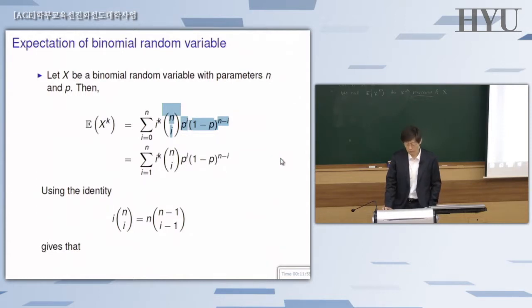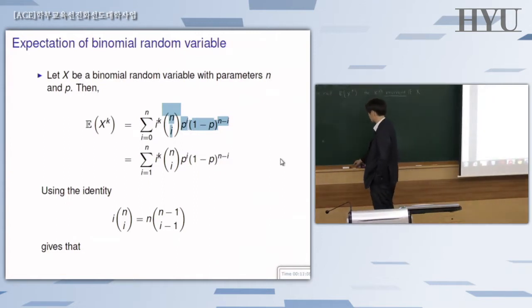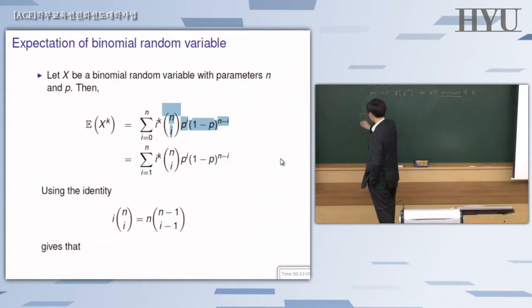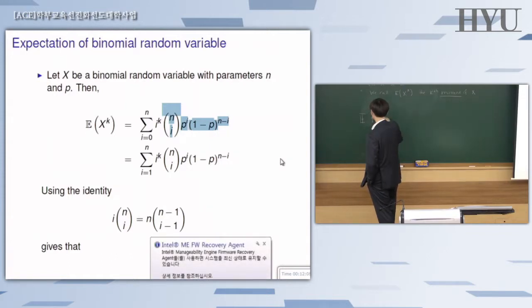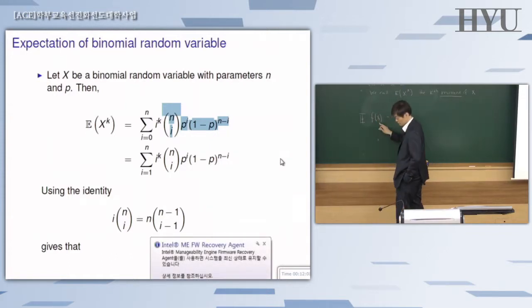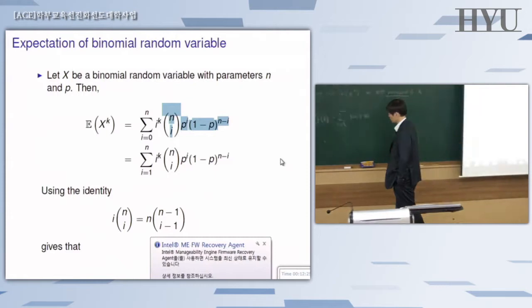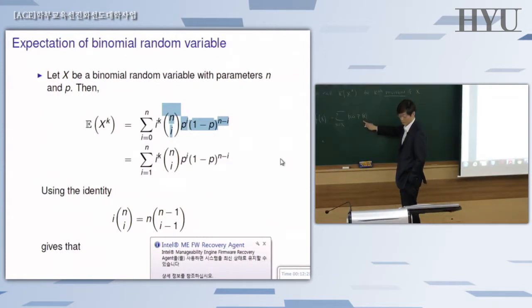So strictly speaking, the expectation of some function of x, if x is a discrete random variable, is the sum over all possible choices for this x, little x belonging to big X, of f of x times some mass function, but in principle this one has to be the probability mass function of f of x.